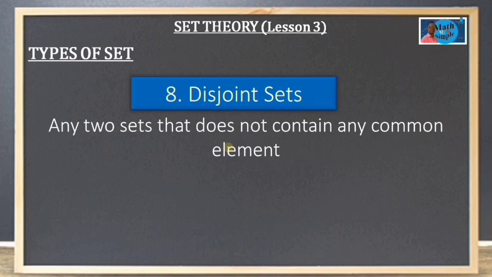Now the next one, number 8, is disjoint sets. Any two sets that do not contain any common element are called disjoint sets.